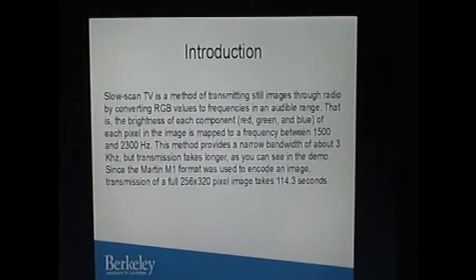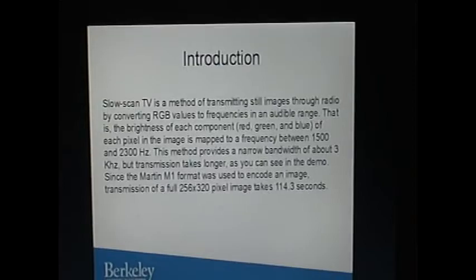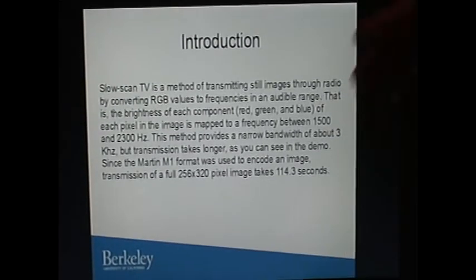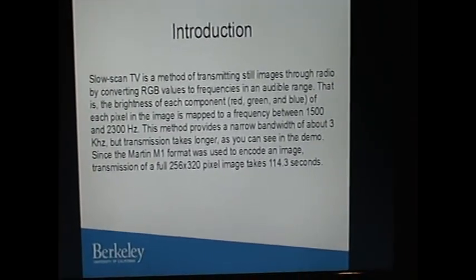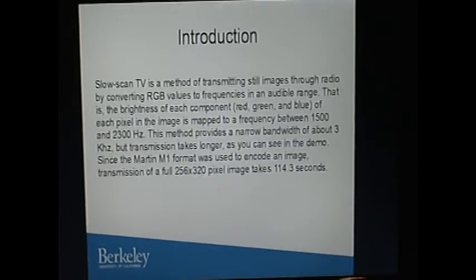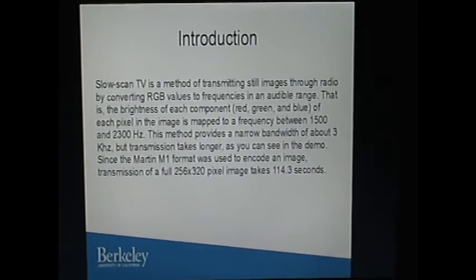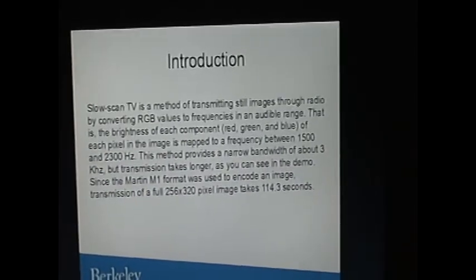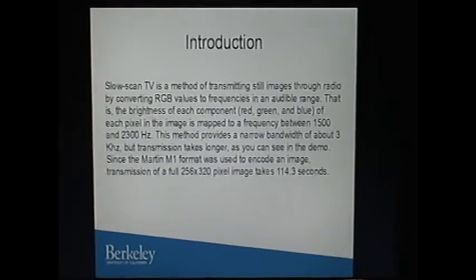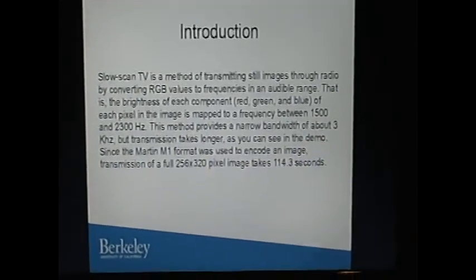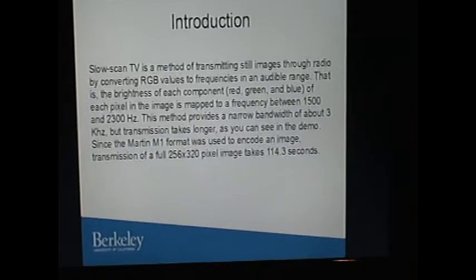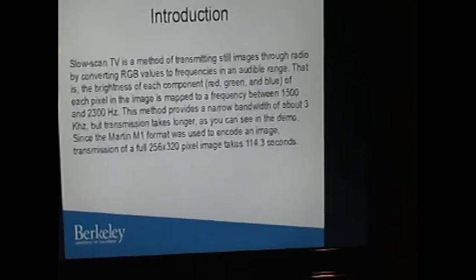And the reason that we picked this range is the encoding format, which is the way that the RGB values are converted to frequencies, called the Martin M1 format. Even though this takes a long time to send the image, 114 seconds, it gives us a very narrow bandwidth of about 3 kilohertz.